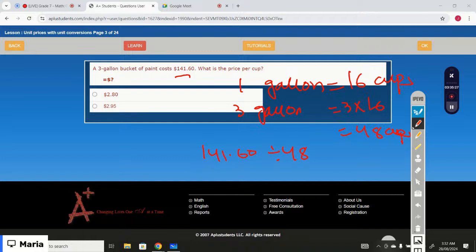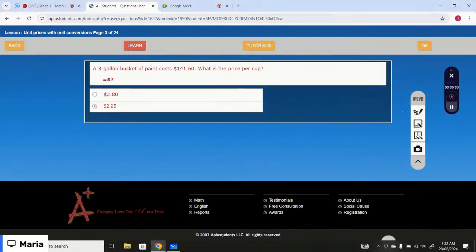Option number 2 is the correct option, right? That is $2.95.